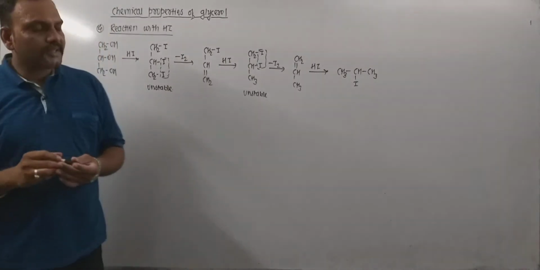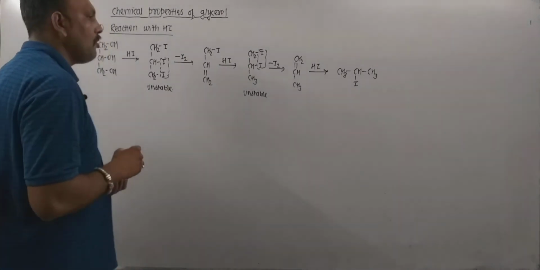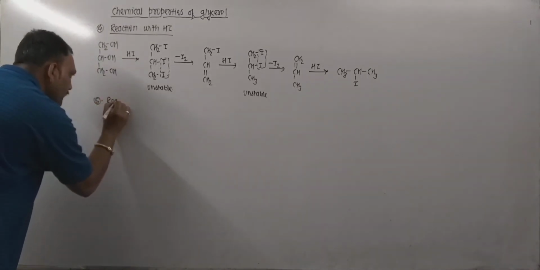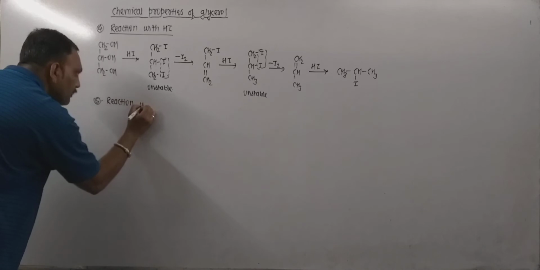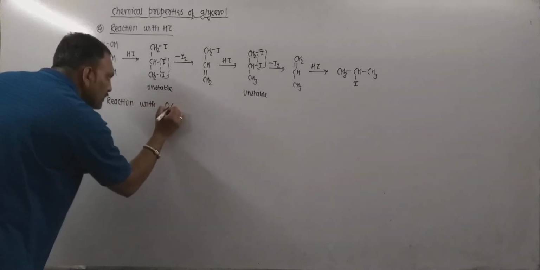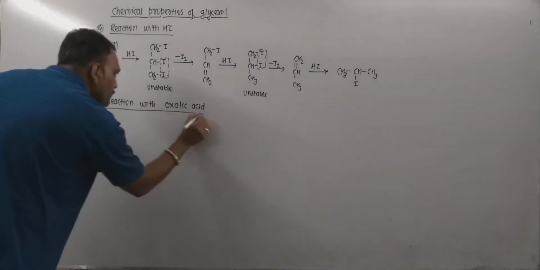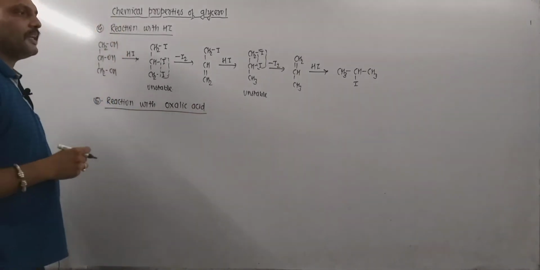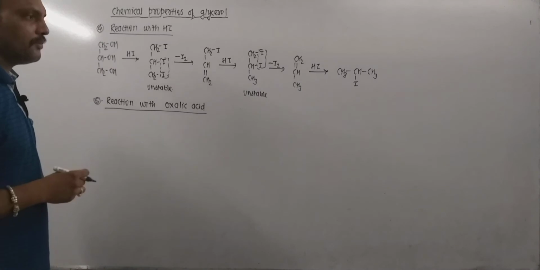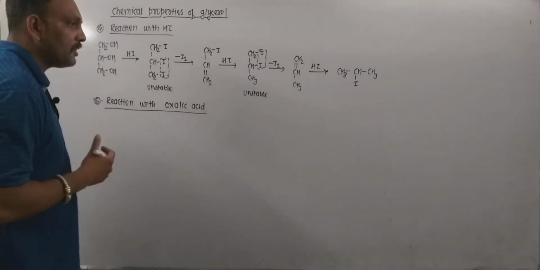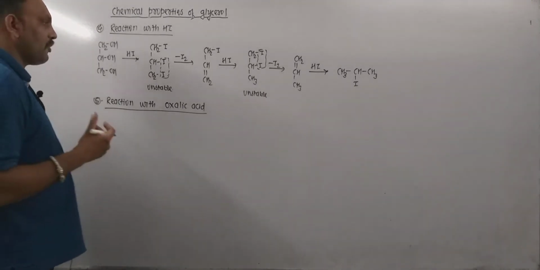Now a very important thing, reaction with oxalic acid. So let's see what happens when glycerol is treated with oxalic acid. Oxalic acid is a dicarboxylic acid, that is to be noted, and remember temperature has a greater influence on this reaction, that is for sure.